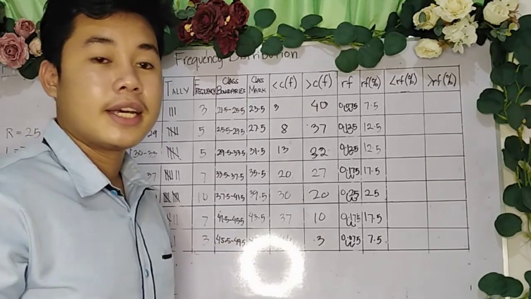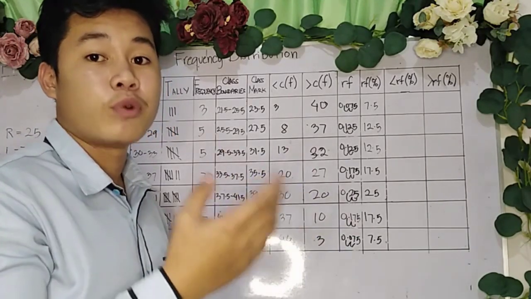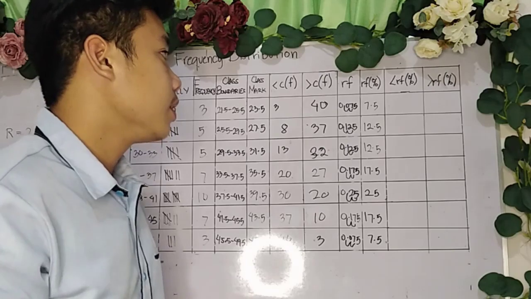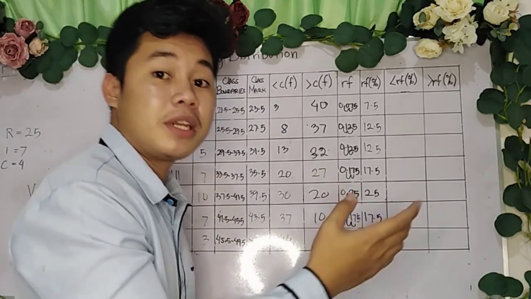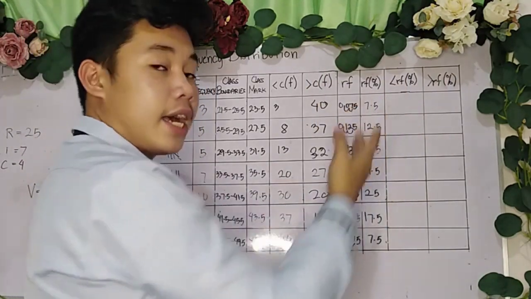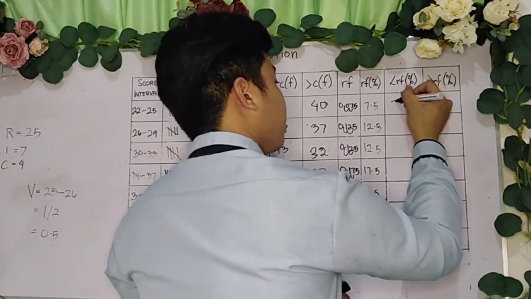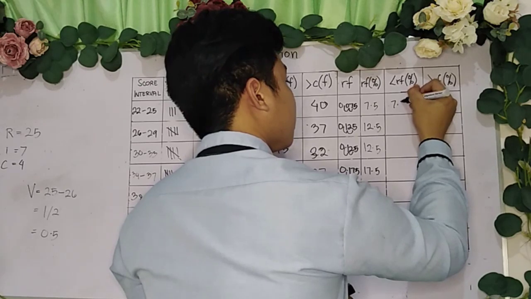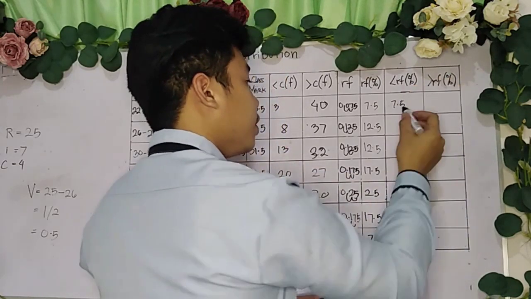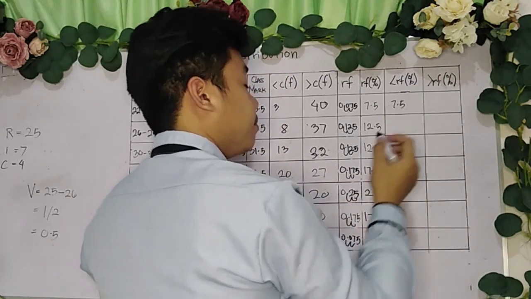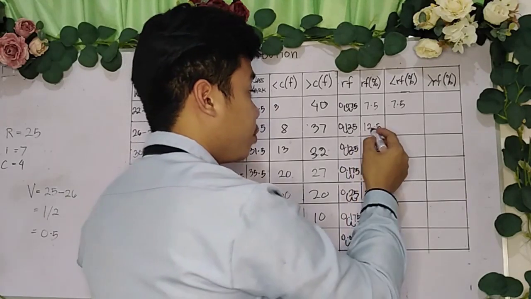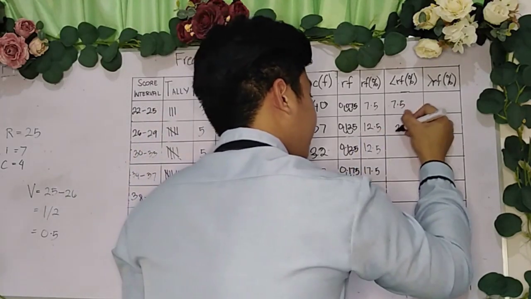Lastly, we need to find the less than and more than relative frequency percentage. So the same process, you need to copy the preceding number and add it to the successive number. Since the preceding number here is 7.5, and then add the next number, 12.5. So 7.5 plus 12.5 is equal to 20.